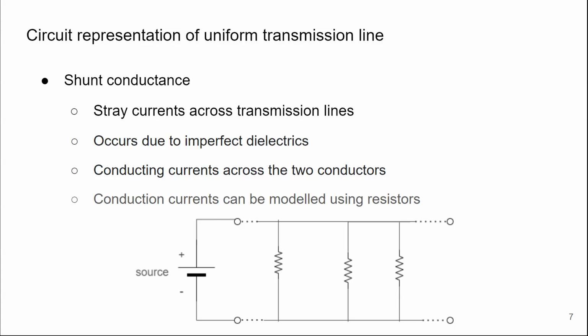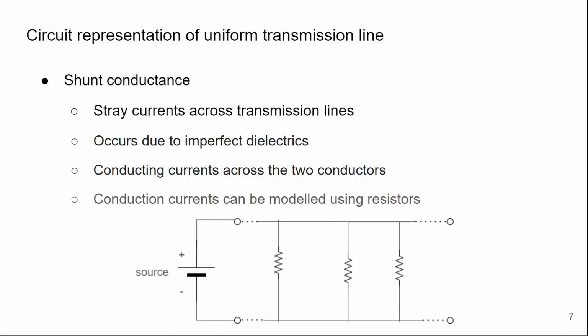So we take into consideration the effect of the current and the voltage flowing across the transmission line, and by considering that, we consider different components for the transmission line, and using that we are defining a circuit for the transmission line.